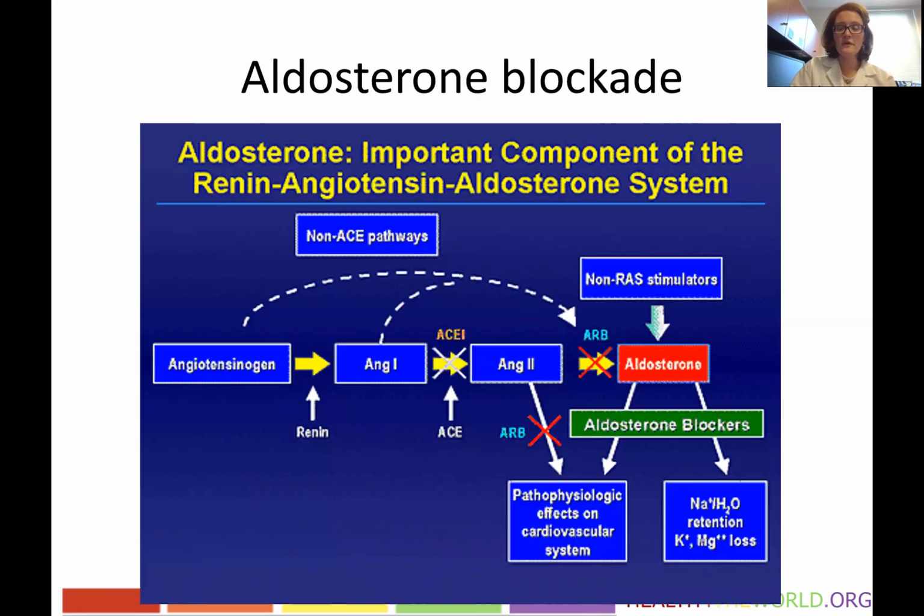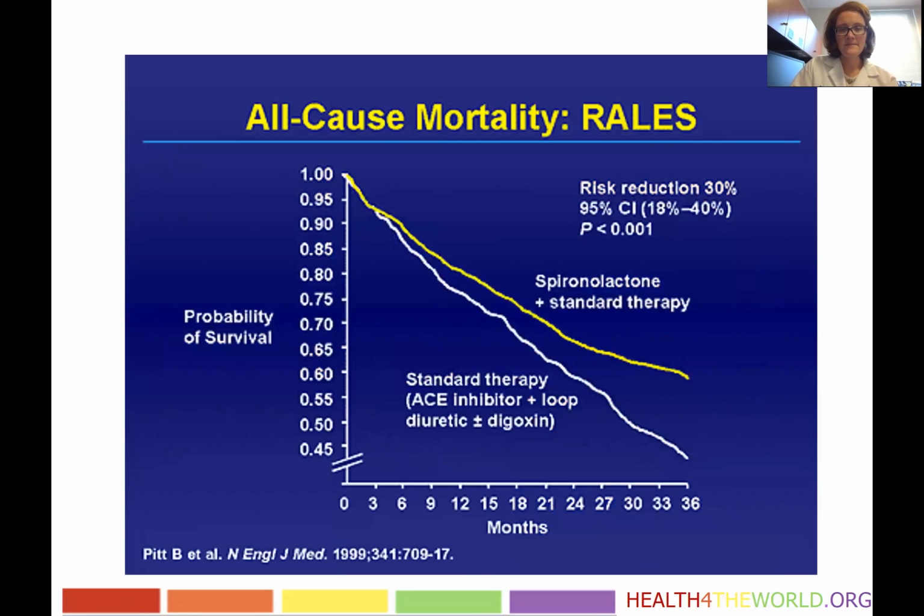Aldosterone blockade is another important cornerstone of how we decrease mortality in patients with heart failure. And this is a representation of how aldosterone blockers help to decrease aldosterone, which can help reduce salt and water retention, and also perhaps have some impact on fibrosis in the heart in terms of reducing fibrosis.